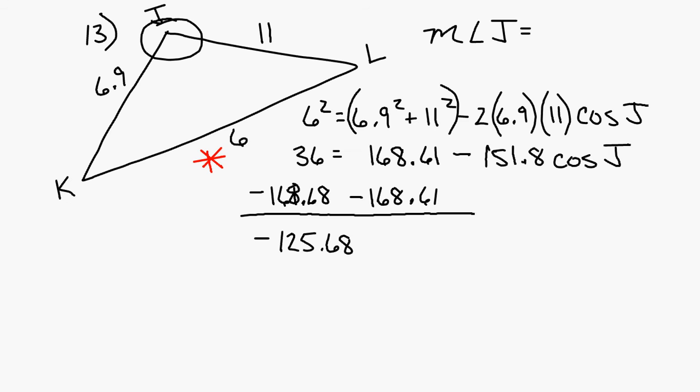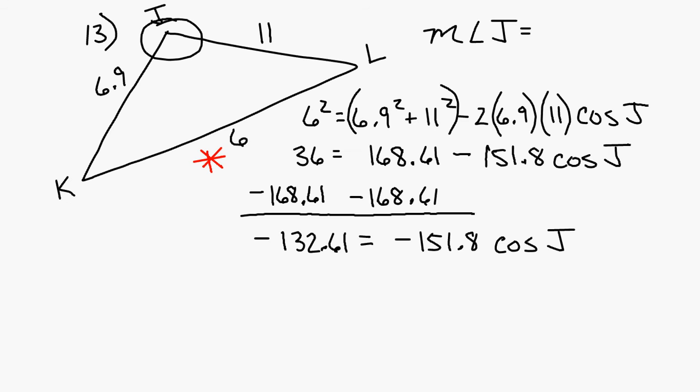Oh, I wrote the whole thing wrong. Got my numbers backwards. This is 168.61. So 36 minus 168.61 is negative 132.61. Equals. Here's what it equals. Negative 151.8 cosine of J.